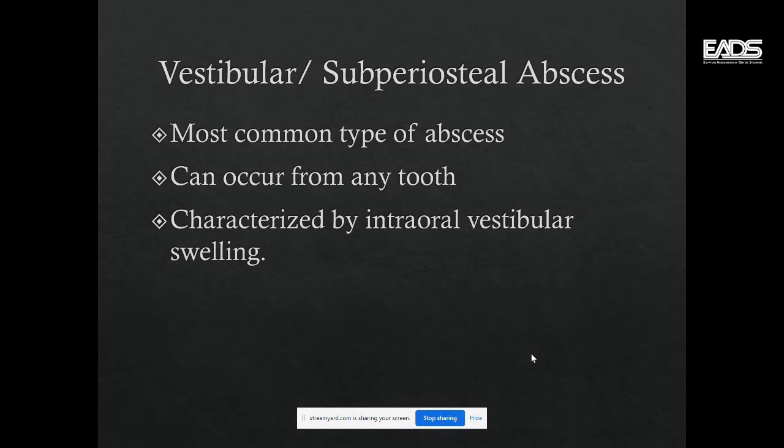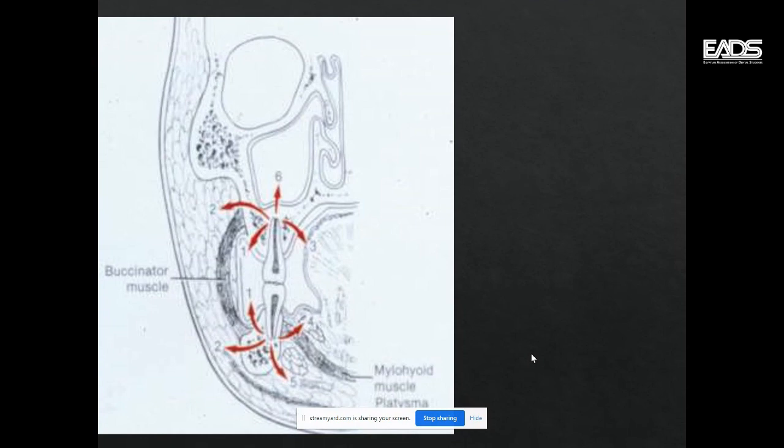Usually it is confined within the bone still, and from there it can go to these spaces, the vestibular and subperiosteal abscess space. So it is usually characterized by the intraoral vestibular swelling. This is how it spreads. From the tooth infection, it spreads to the periapical region and it can go to the vestibule.